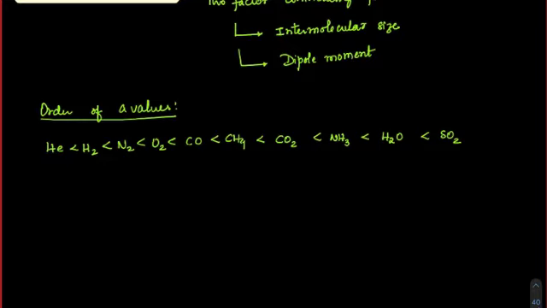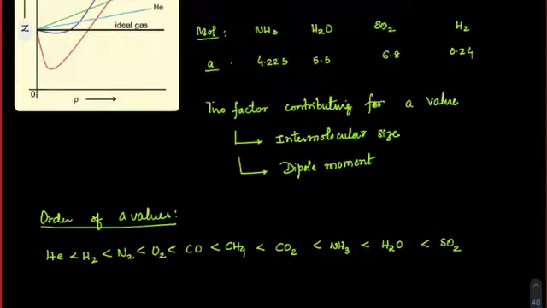So I would suggest that you better memorize this, because it is not only on one particular basis. It is not only on a dipole or an intermolecular size basis. So it is better to remember. B is purely on size basis. The one which has more size will always have more interactions. Got it? Intermolecular size is directly proportional to van der Waals interactions, what we call the London forces.